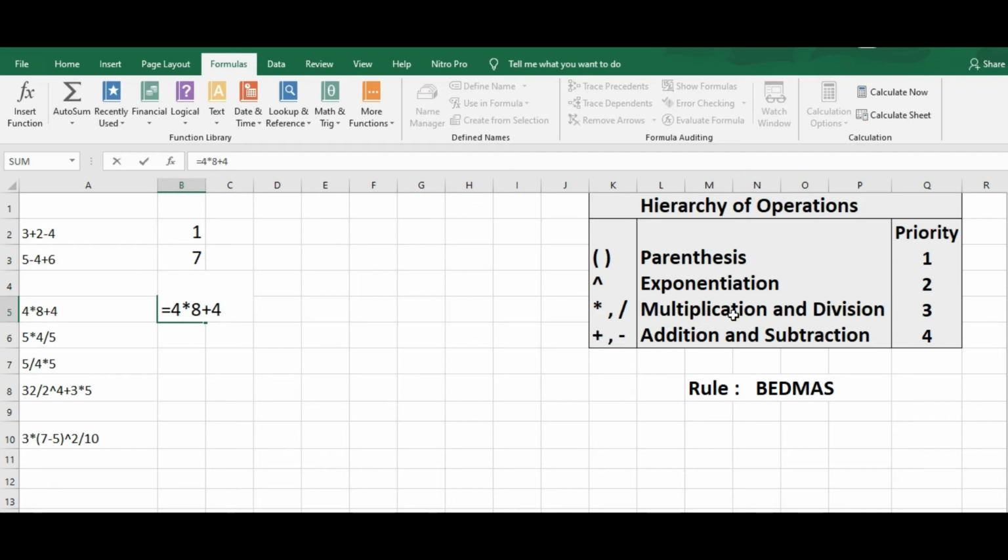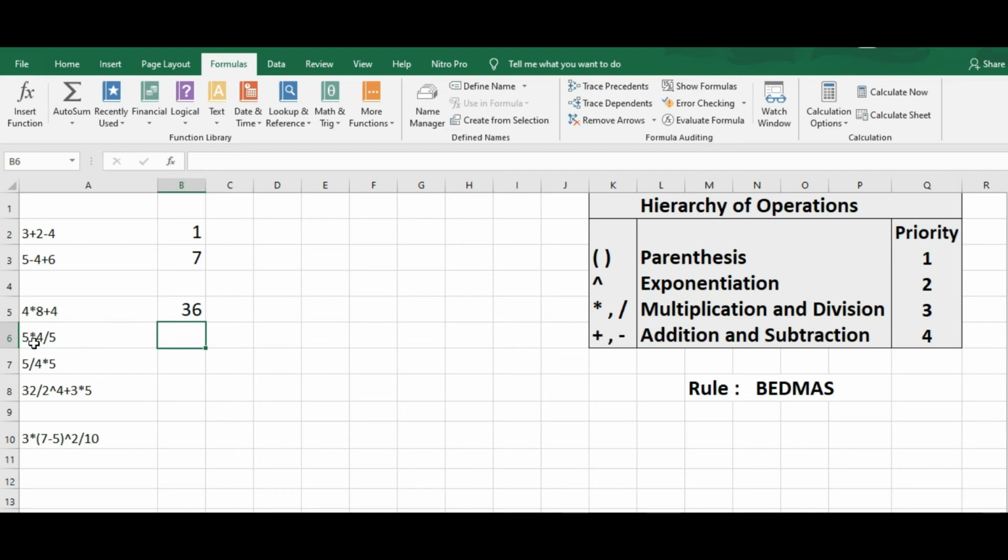Multiplication has the highest priority as compared to the addition, therefore the multiplication operation will be evaluated first, and then 4 will be added with the result of 4 multiplied by 8. Let's see, 36. So 4 multiplied by 8, which is basically 32, plus 4 means 36.